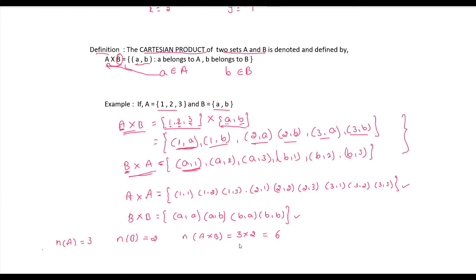Similarly, you can see n(B cross A) is 2 into 3, which is 6. Now you can see n(A cross A) is 3 into 3, 9. n(B cross B) is 2 into 2, 4.